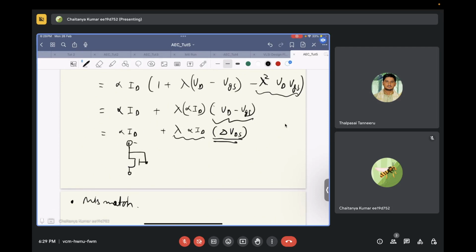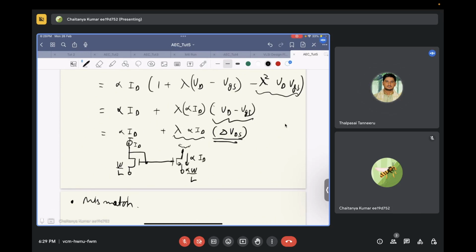You had ID being pushed over here, and you had this setup, and there is some external circuit placed on top of this. If channel length modulation wasn't there, let's say this is W by L, and this was alpha times W by L, then here the current will be alpha times ID, right?